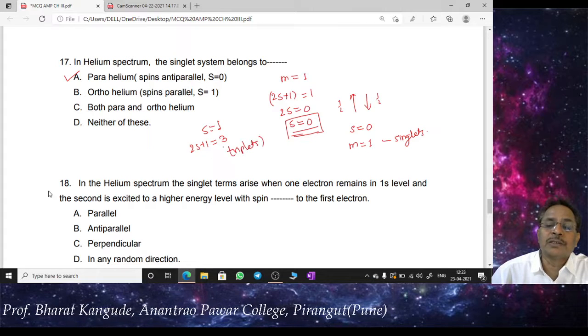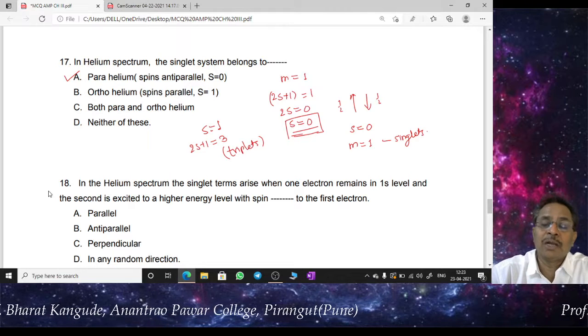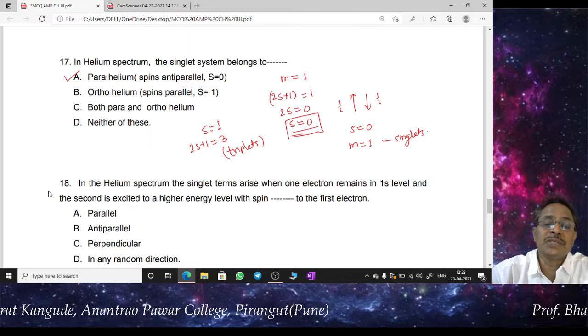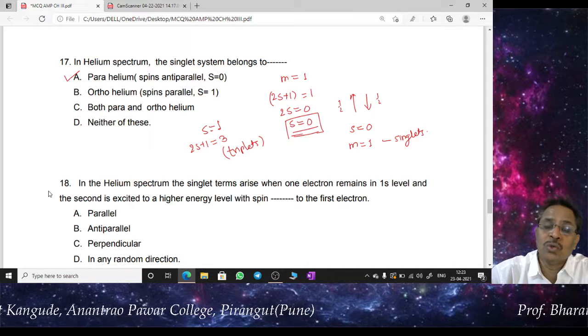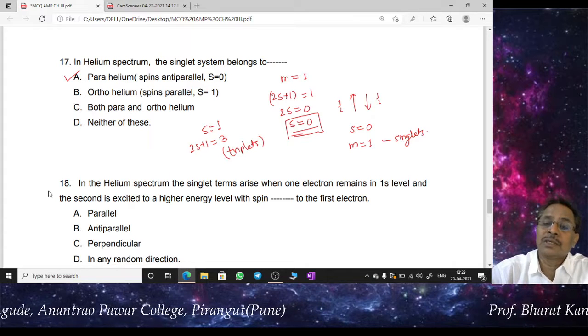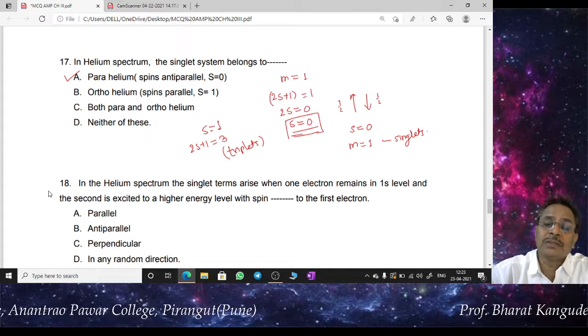So when the spins of both of these electrons are parallel to each other, such a system gives rise to orthohelium. So spectral lines of orthohelium mainly consist of triplets, whereas spectral lines of parahelium mainly consist of singlets.